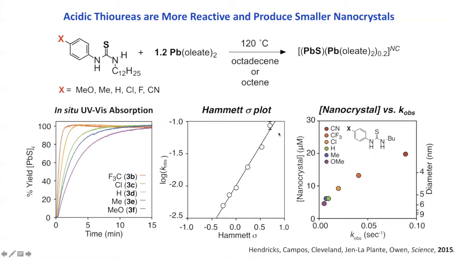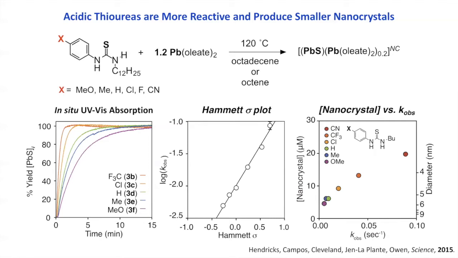And we can make a Hammett plot, which is something out of physical organic chemistry that we're not going to spend time talking about. But it tells us that the kinetics of these reactions are very well behaved, and that all of these nanocrystal-forming syntheses are following the same conversion mechanism. So we have good, reliable chemistry.